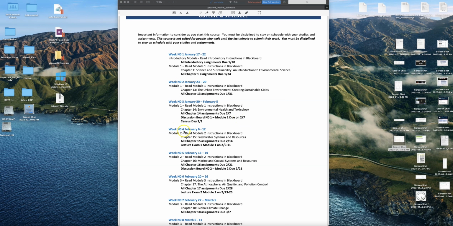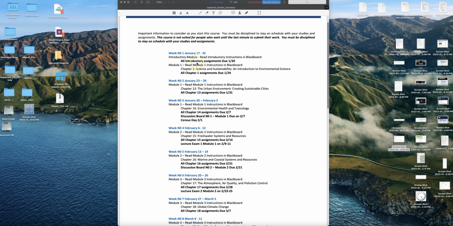Okay, also it is very important that this coming week is the census day. So for this week that is coming, you will be able to see the update of your grades in Blackboard. So make sure that you have been done with all the activities for module number 1 and the ones that are running for this week, because that is the type of information that I'm going to take into account together with the introductory assignments for the census day.